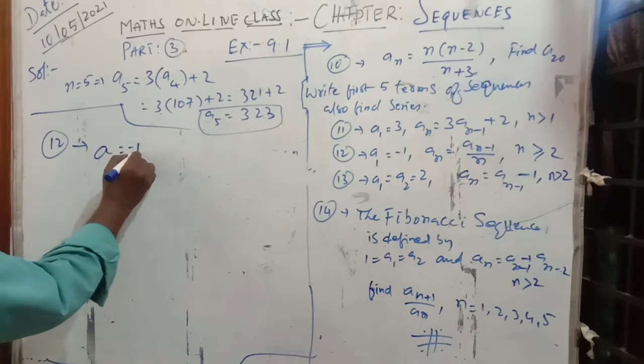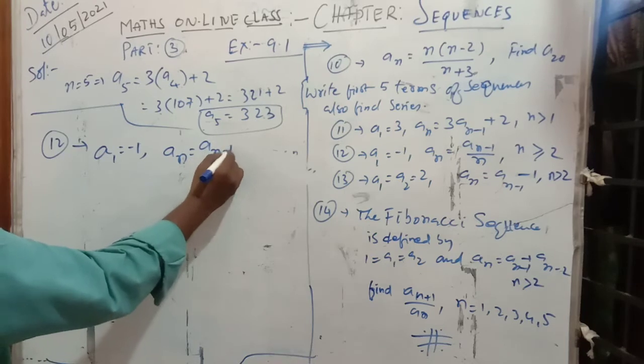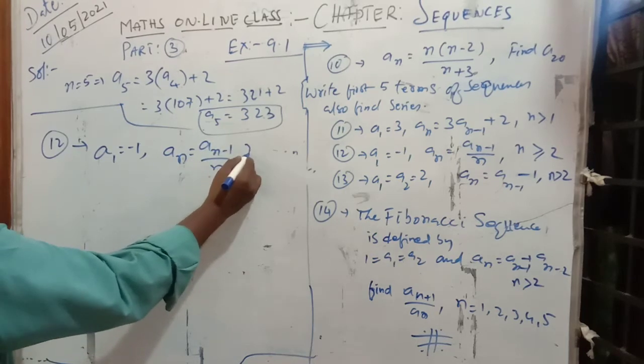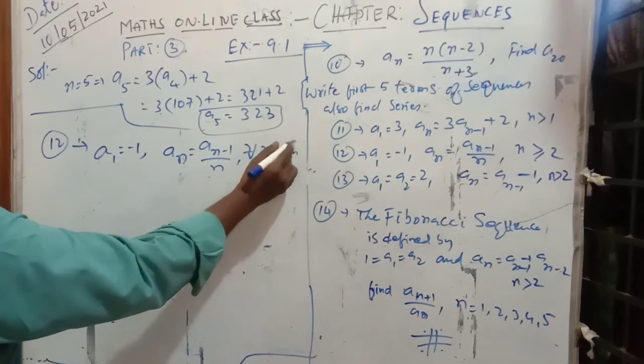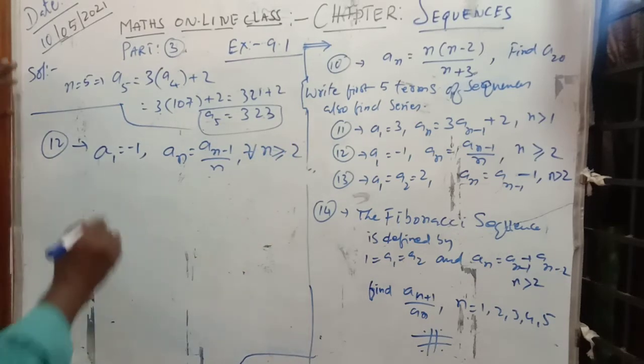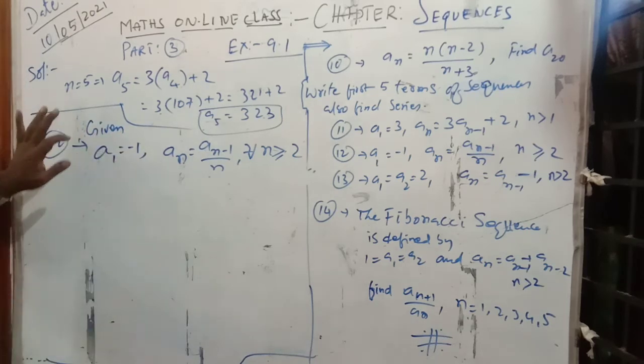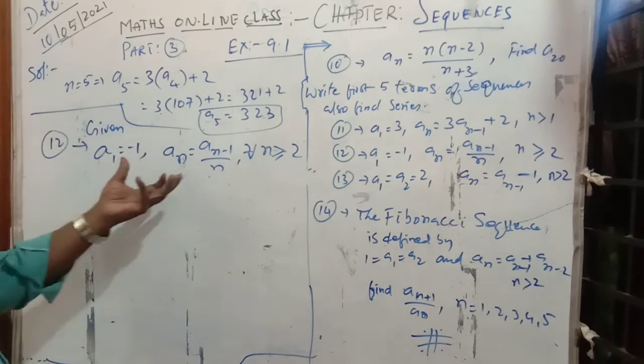A1 is equal to minus 1 and An is equal to An minus 1 by n, where n is greater than or equal to 2. A1, the first term, is given and a relation is given.